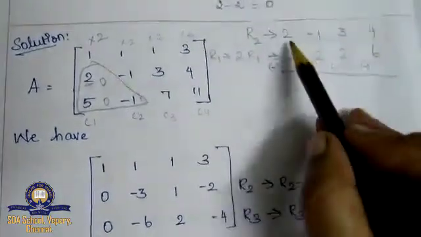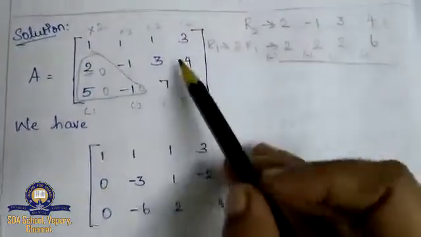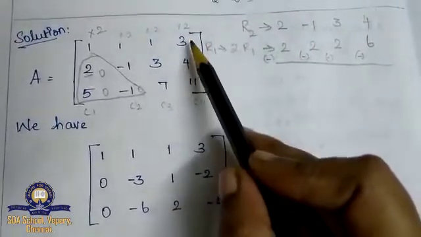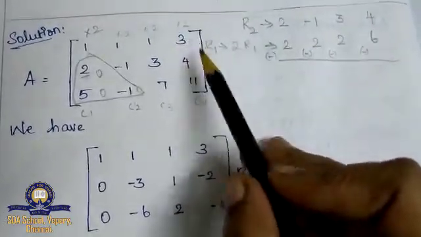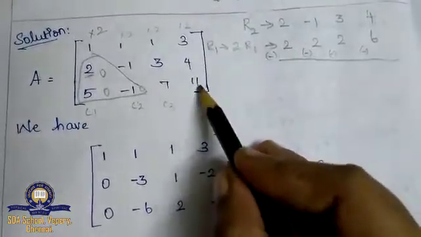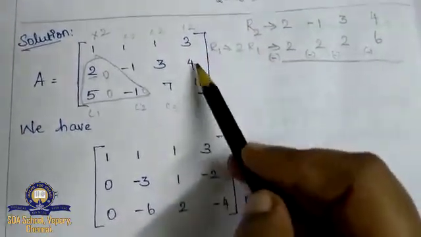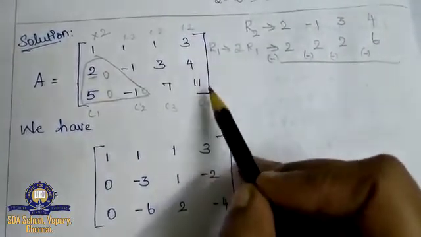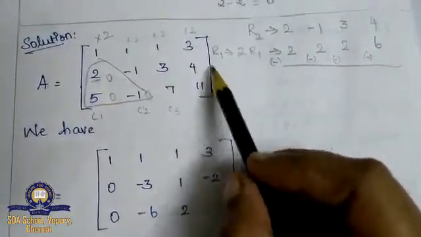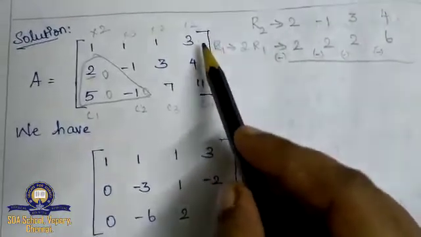Listen carefully, we have to subtract R1 from R2 only. Similarly, if I take R3, we have to subtract R1 or R2 from R3, not R3 from R2. We have to take from the down part to the upper part, not from the upper to down.